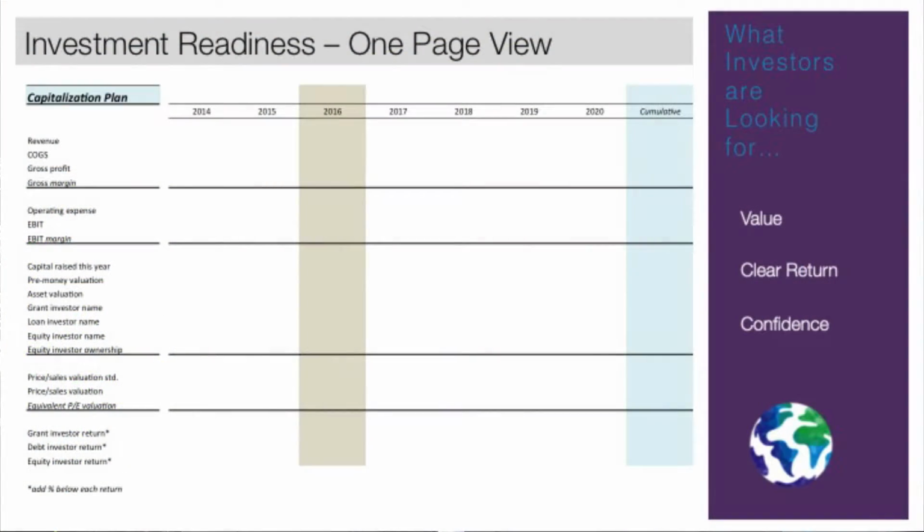It means that you need to go back to that one view, and I think it's important for you to remind yourself of that one view for what your history of profit and loss has been, what your history of operating expenses has been, where you are today in 2016, and then what you would forecast for the ensuing 2 or 3 years, especially assuming you receive the kind of capital that you're after.